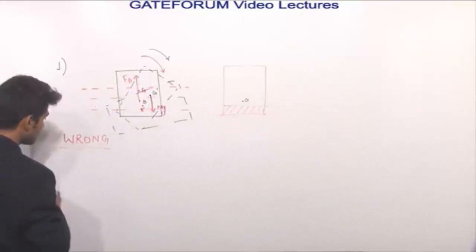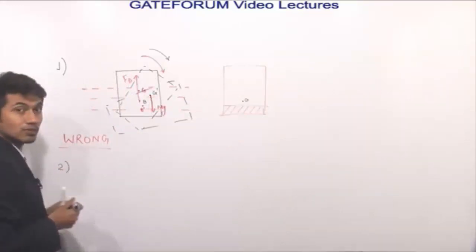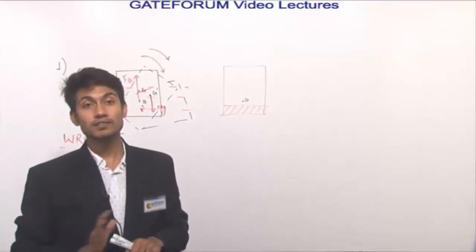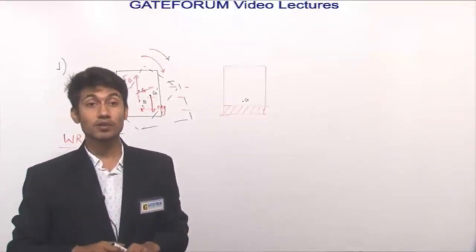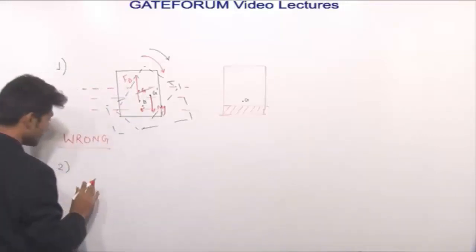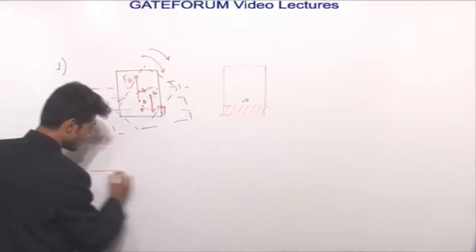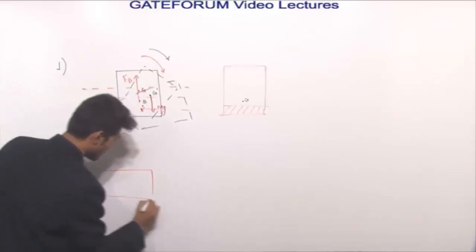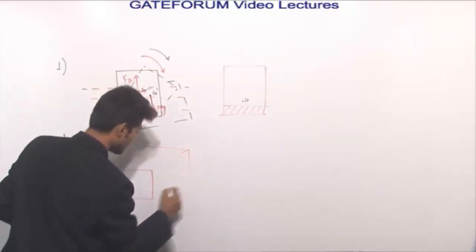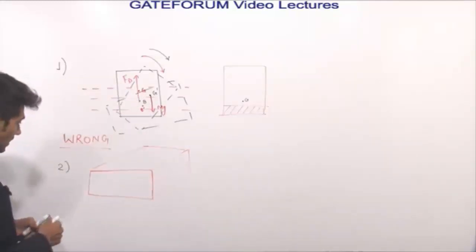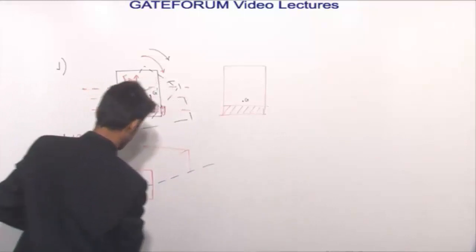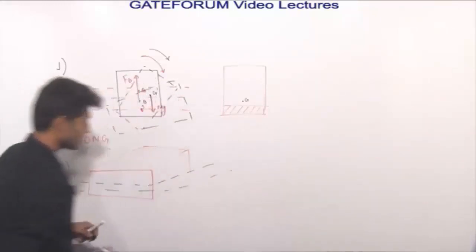Now we'll go to statement number 2. Now what is statement number 2? The positions of metacenters corresponding to different axes of rotation are generally different for the same floating object. Now it is a very well defined statement. Like if any object is there, like I'm having a rectangular object, it is inside water and it is floating.